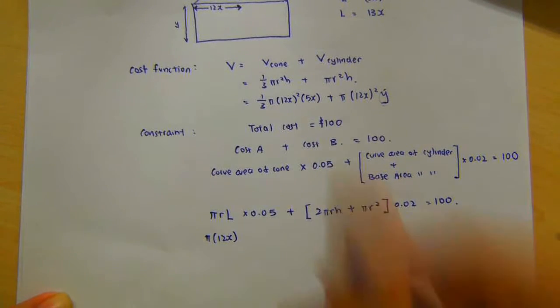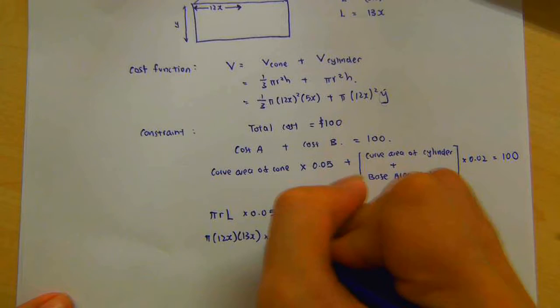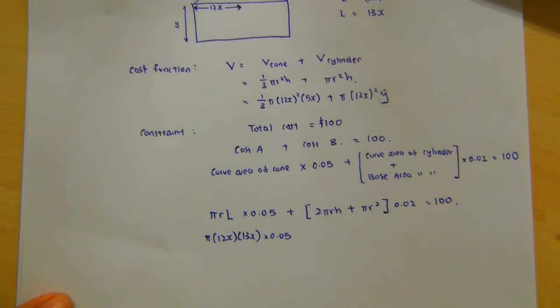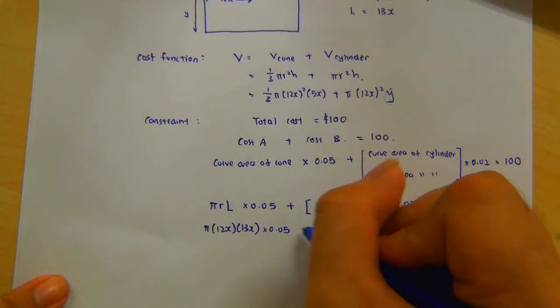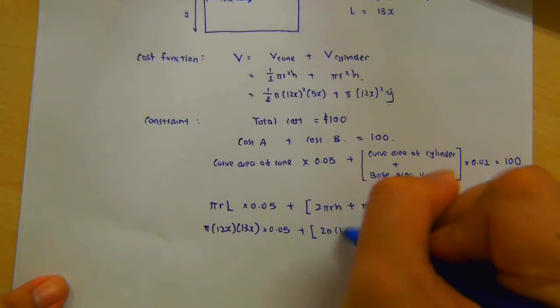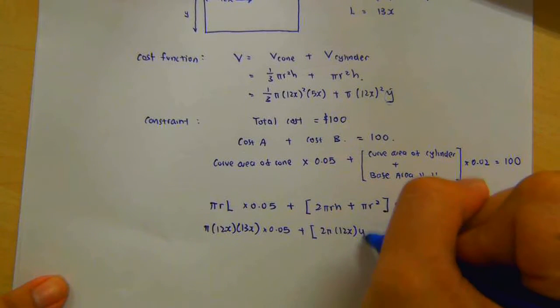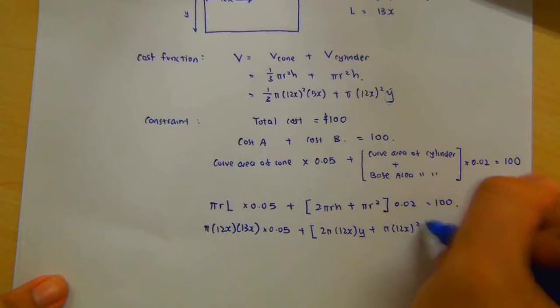So we're going to take this value and sub into our equation. And we are going to fill in the respective variables for the cylinder. 12x, y, 12x again.